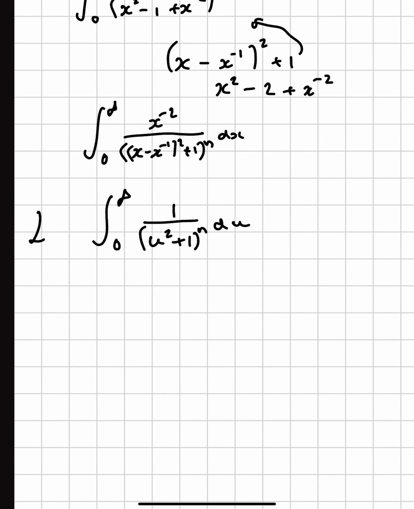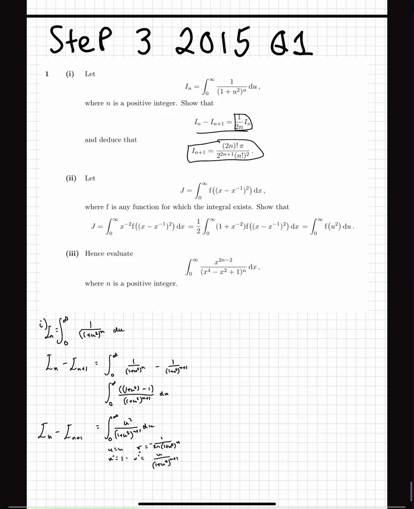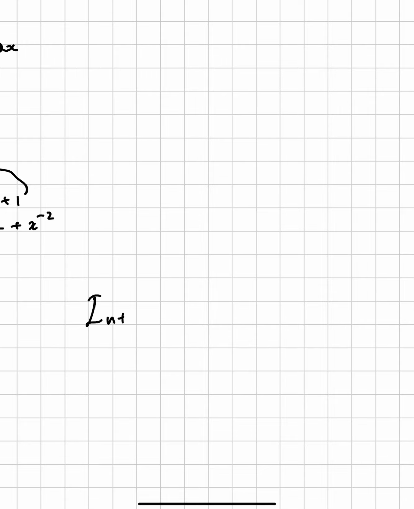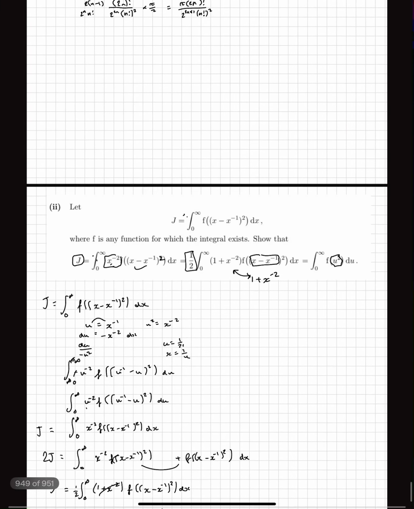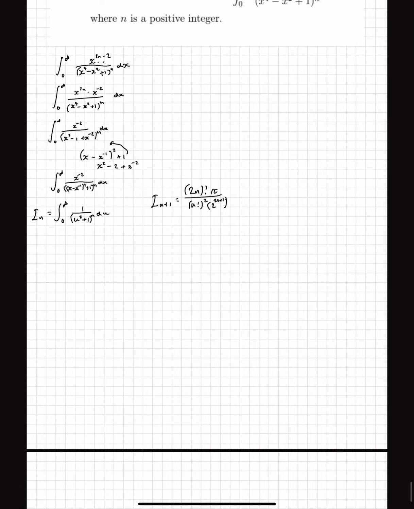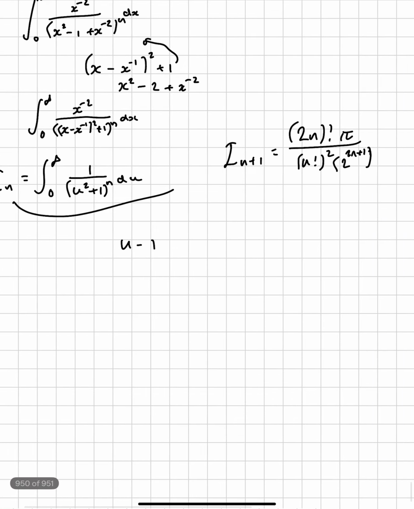Okay, so now we need to evaluate this, okay? This is I of n, and we saw I of n earlier in this part here, okay? We found that I of n plus 1 is equal to, if I can remember, I think we had 2n factorial times pi over n factorial squared times 2 to the 2n plus 1. Okay, I'm just going to check that that's right. Yeah, okay. So this is quite nice now, because this is the same as this, just as n minus 1. So we need to plug n minus 1 in here.